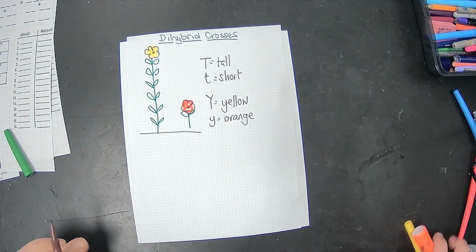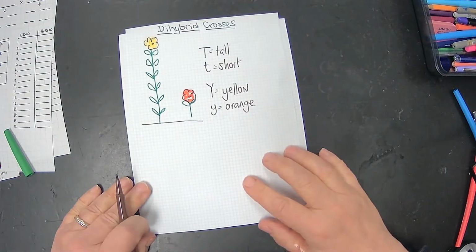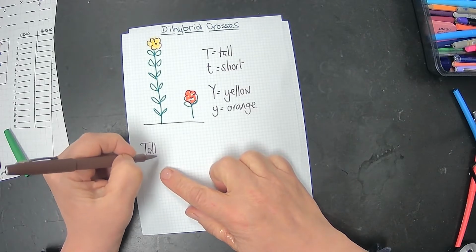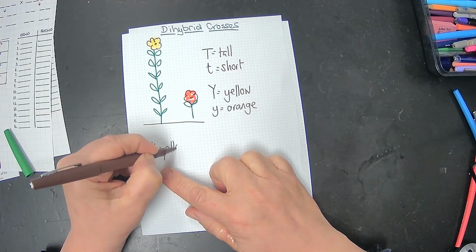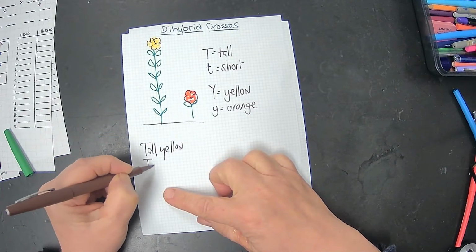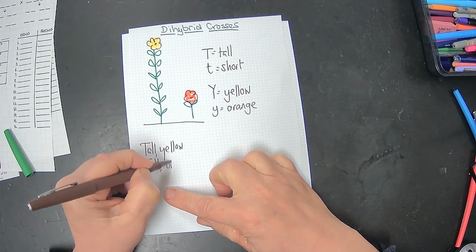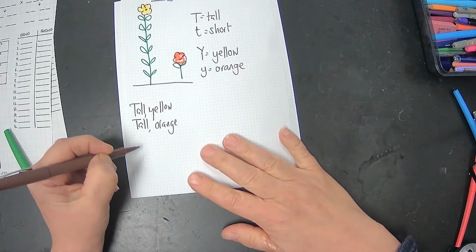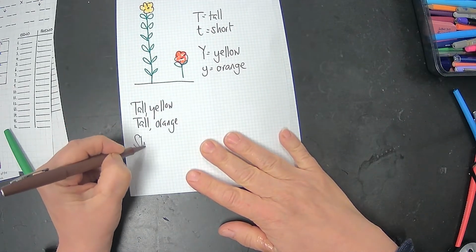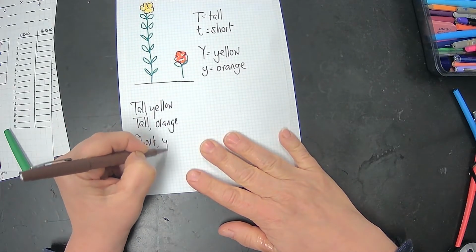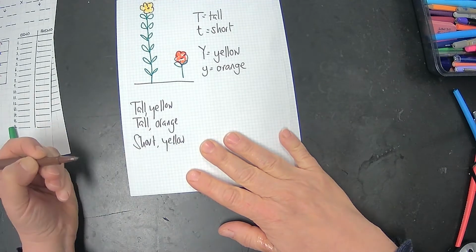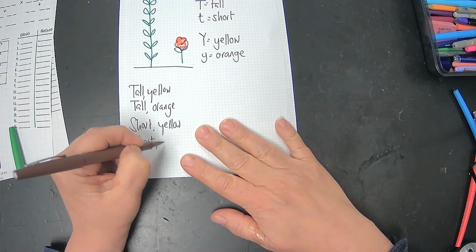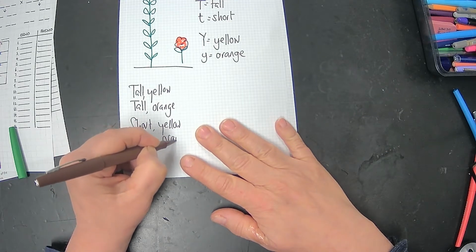Now, here's another thing. I could have a tall sunflower which is yellow, but sometimes you may get tall sunflowers that have inherited orange flowers. I could also have a short sunflower with yellow flowers, or I could have a short sunflower with orange flowers.